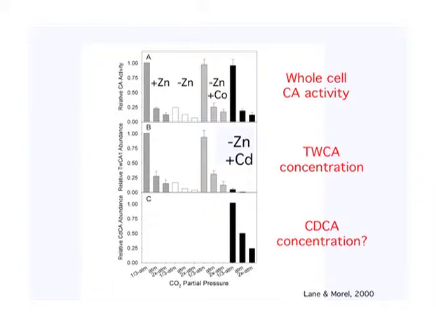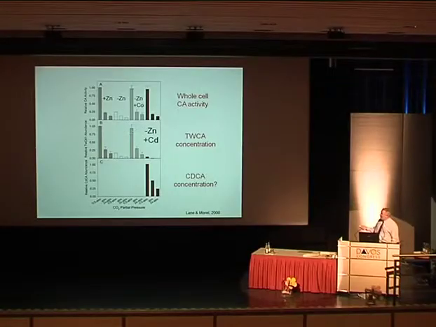In the first three here, we have full zinc in the culture and varying CO2 from low to higher CO2. And so you have high activity at low CO2, lower activity at high CO2. The second three bars show the low zinc cultures, same thing as a function of CO2. So again, an effect of CO2, but much less activity because we have much less zinc and much less enzyme. And indeed, we have less enzyme as we can measure through this antibody.